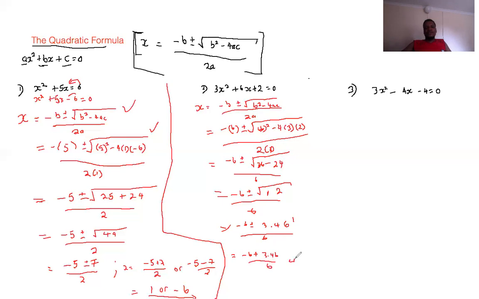or negative 6 minus 3.46 over 6. Now if you punch this in the calculator, the first one I get is negative 0.42.